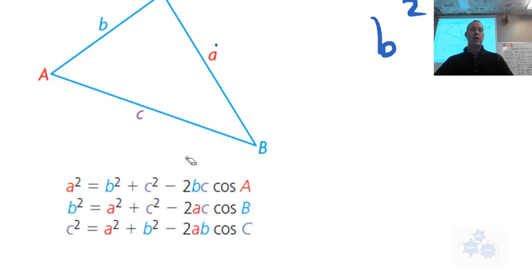We always do a minus. We always have a 2 times whatever value A was and C was. And then it's always times cos of the angle that's opposite of this side that we started with. So finally, C squared equals A squared plus B squared minus 2AB cos C.